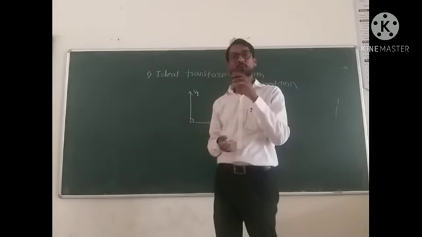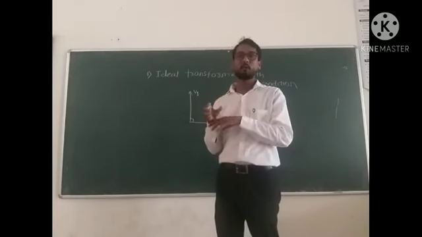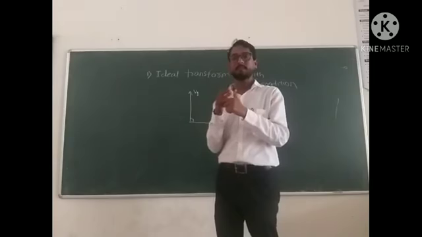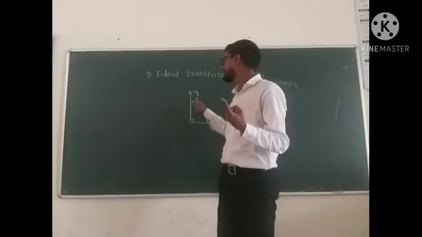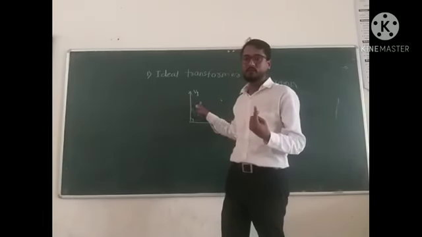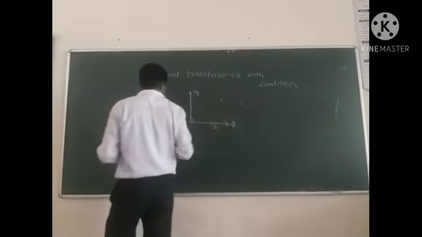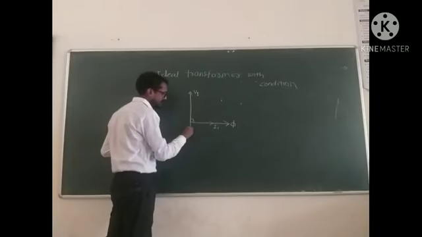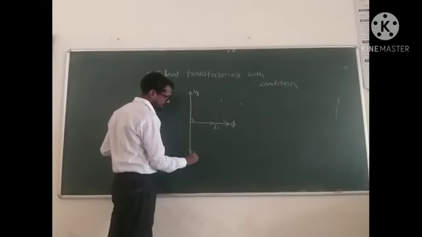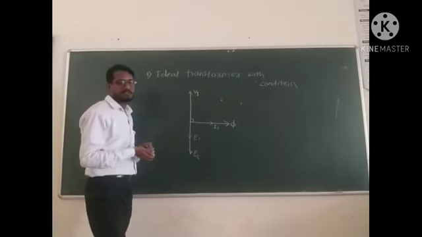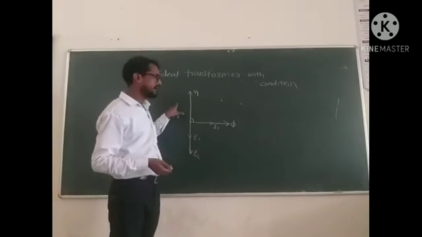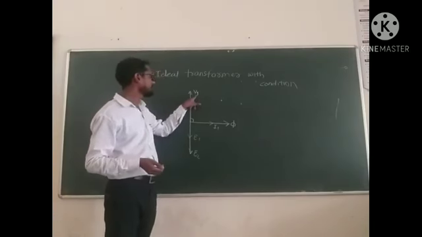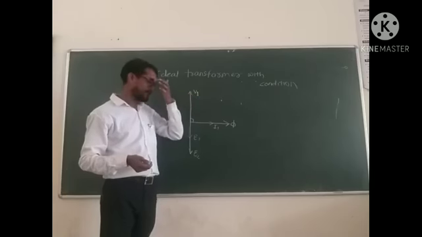That means E1 and E2 are produced by the voltage V1, so we draw E1 and E2 exactly in antiphase with V1 because of Lenz's law.